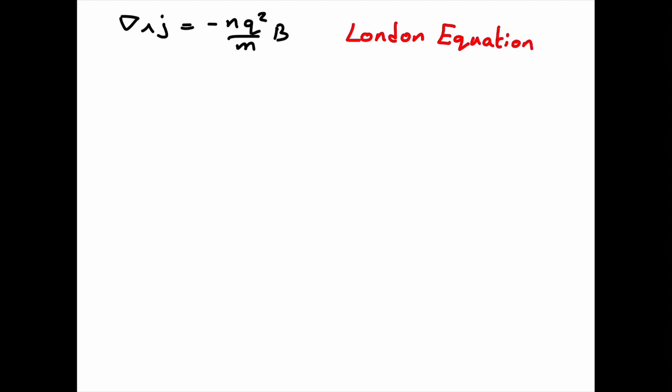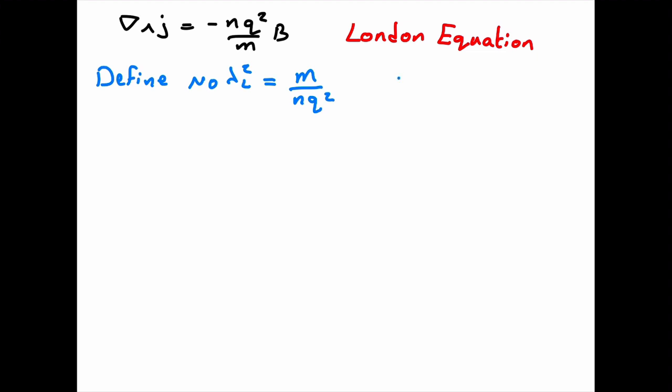All right, so we want to understand some of the consequences of this. It will be helpful to define a parameter, lambda L, and I'll define it this way: mu naught times lambda L squared is equal to m over n q squared. That seems a bit odd, but it will become apparent later on.